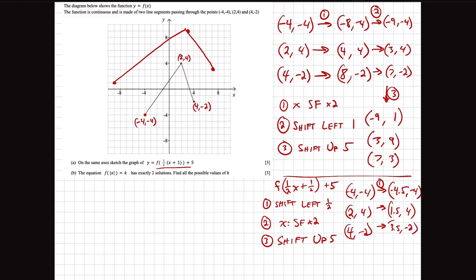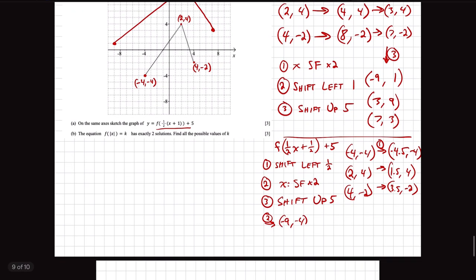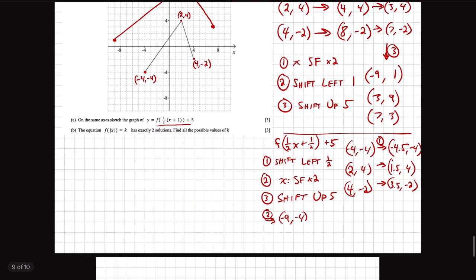And we're not changing our y values just yet. Then to represent our scale factor of 2, that -4.5 becomes -9. So -9, -4, 3, 4, and 7, -2. That is what we end up with after the second transformation.